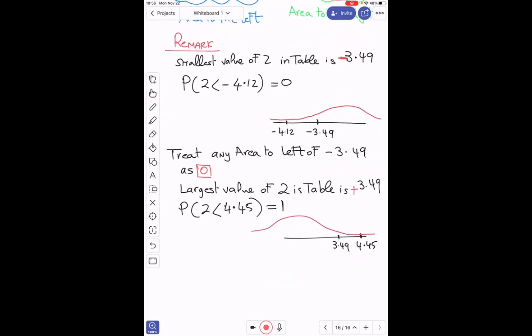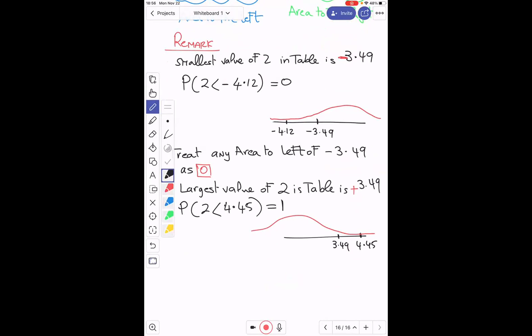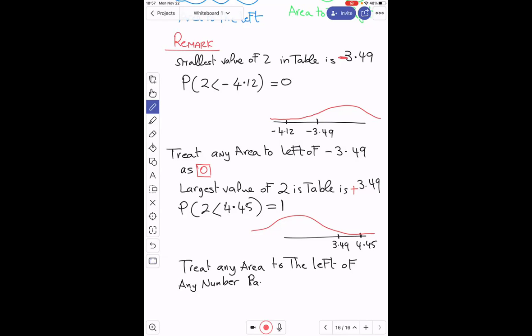So you can treat any area to the left of any number larger than 3.49 as 1.